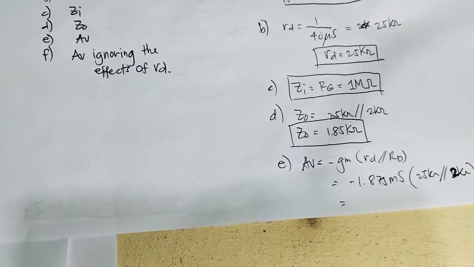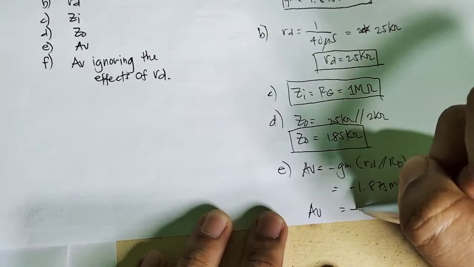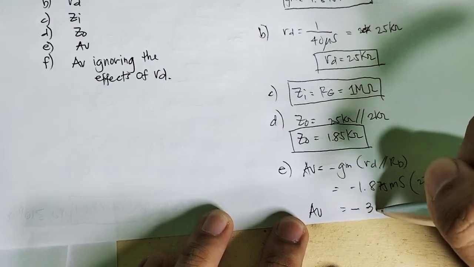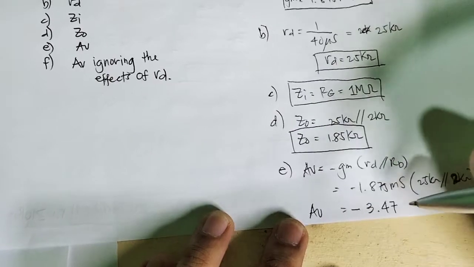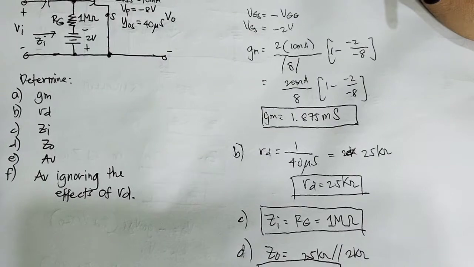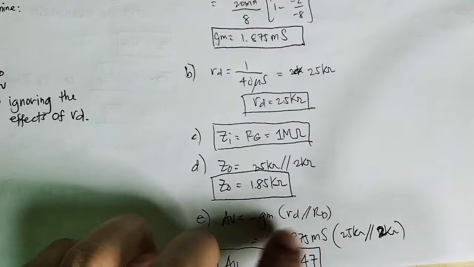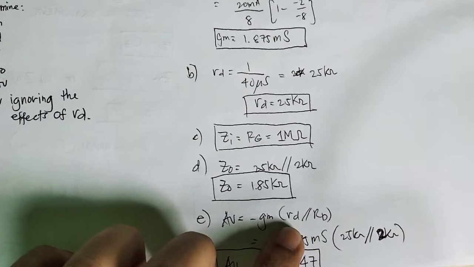So therefore, the voltage gain is equal to negative 3.47. So this is the voltage gain where we didn't ignore r_d.